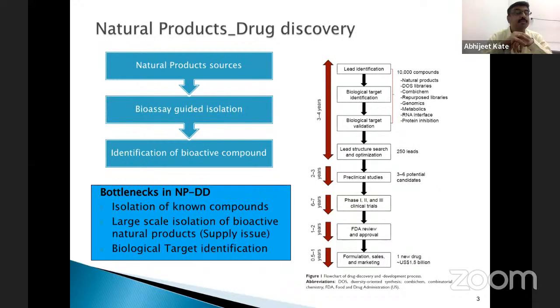Now, the first challenge I am highlighting here is the isolation of known compounds. What I mean by a known compound is that, suppose in India, in our lab here in Ahmedabad, we have isolated a compound from plant XYZ. When we isolate the compound, we understand its structure, and we check whether anybody has published this structure already or not.